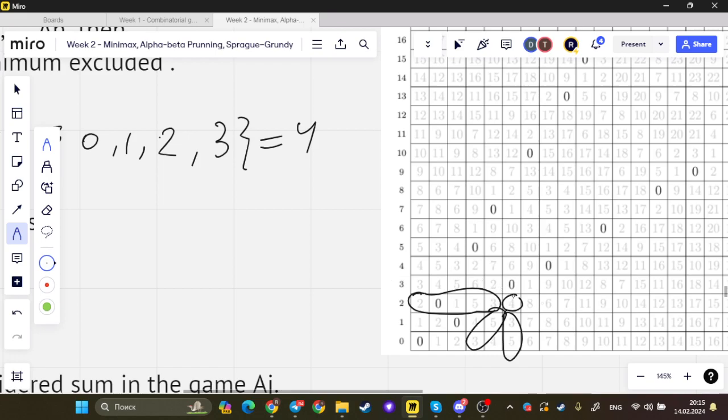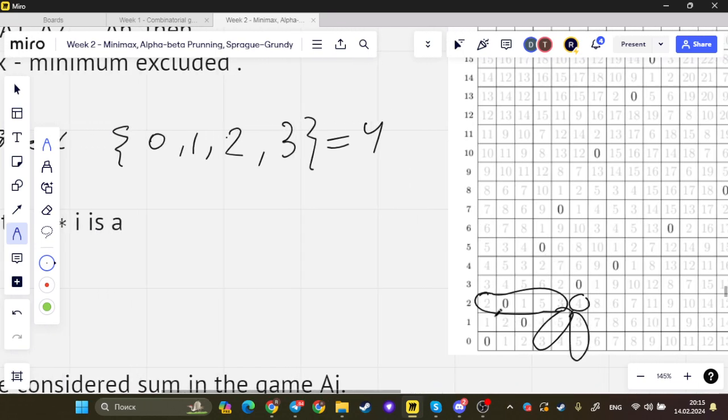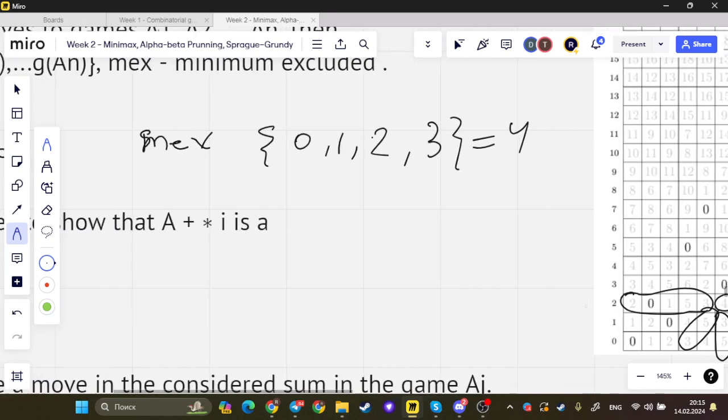We take mex of this set, and what is mex? Mex is minimum excluded. If we don't have four, we get that the representative element of this game will be four. It will be a game on four stones.